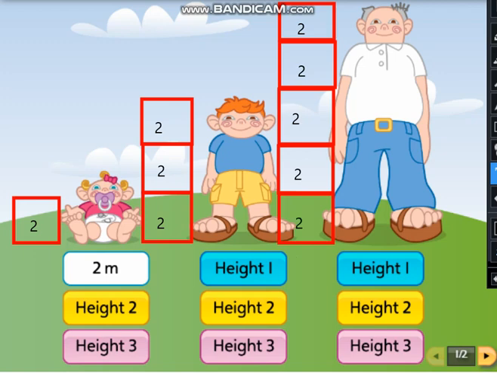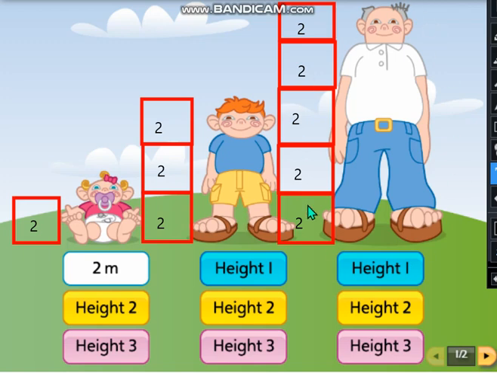If we start from the baby giant as 2 meters tall and multiply it by 3, that would be 6 meters, which is the height of our brother giant.